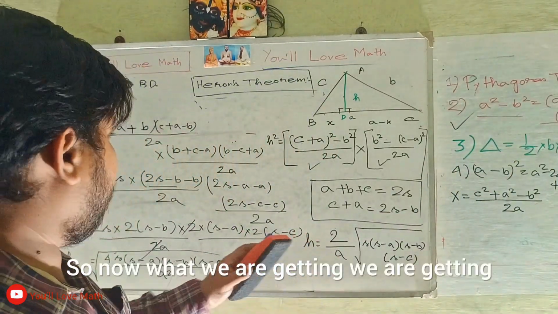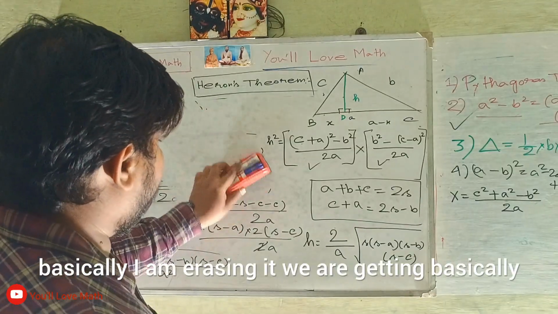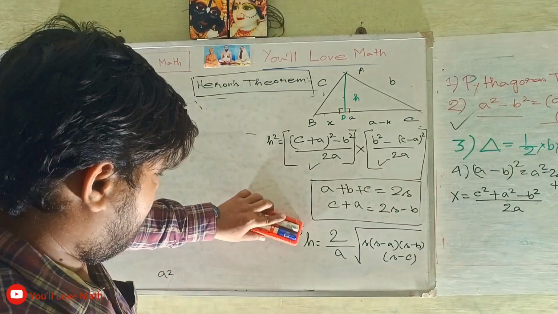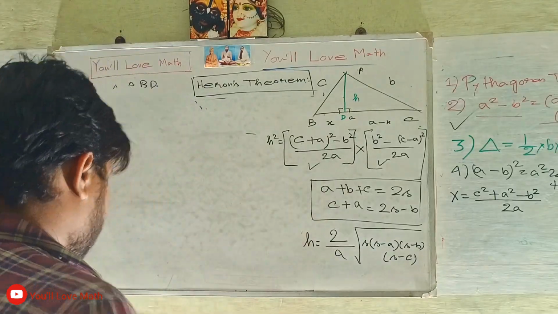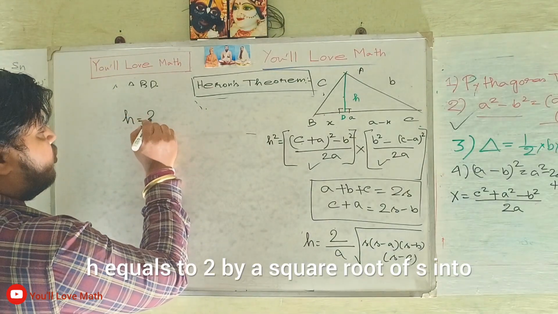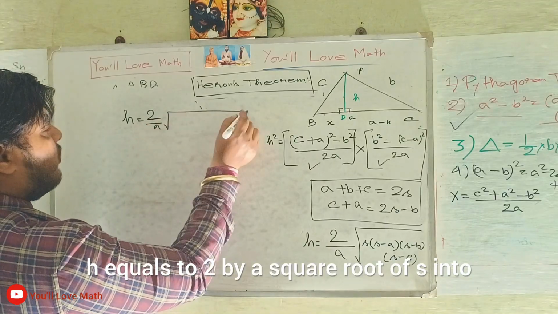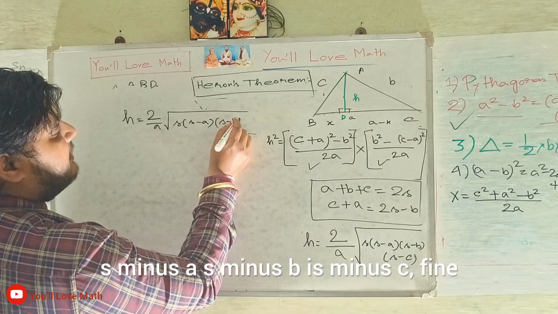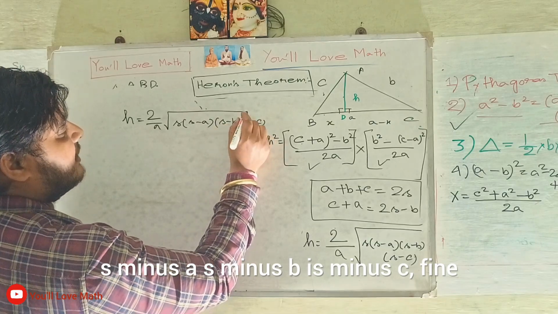So now what are we getting? We are getting basically h equals 2 by a square root of s into s minus a, s minus b, s minus c. Fine.